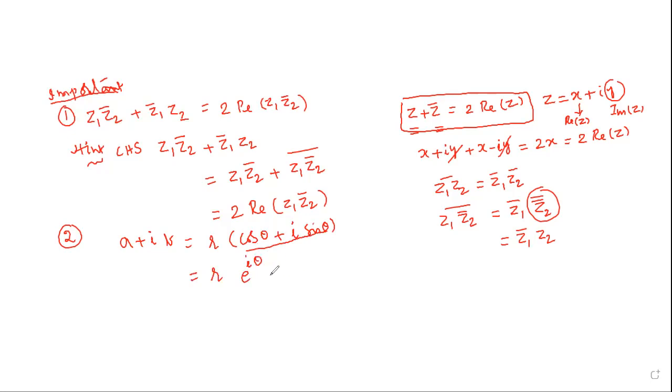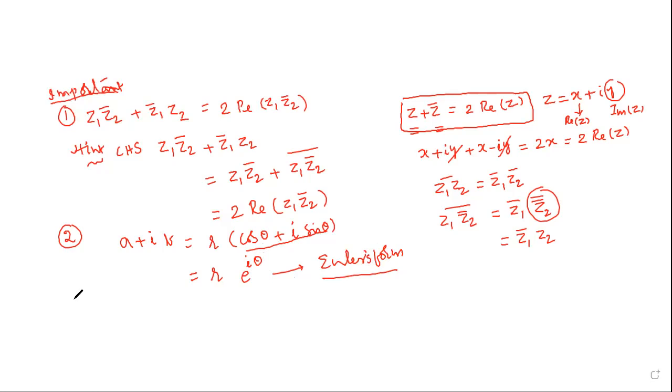This representation is called Euler's form. So cos theta plus i sin theta can be written as e power of i theta. Clear, everyone? This formation is called Euler's form.